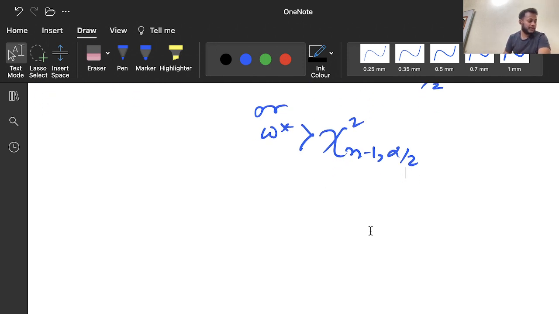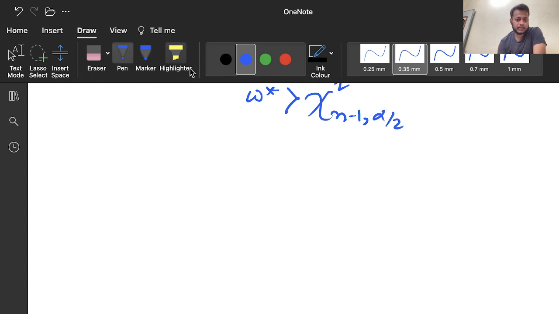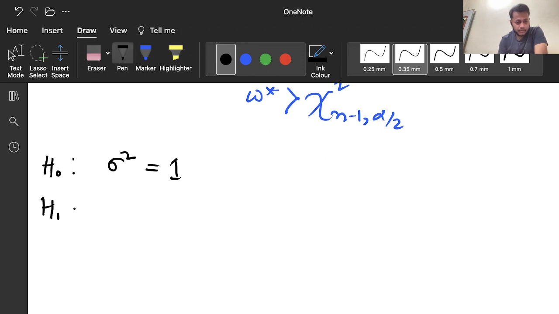So let me give a simple example. Suppose my null hypothesis is sigma square equal to 1, and the alternative hypothesis is sigma square greater than 1.